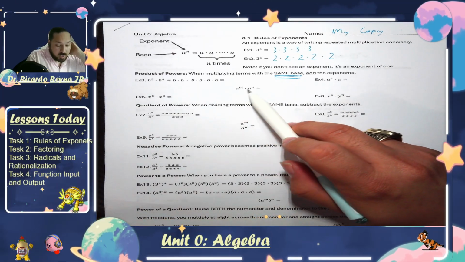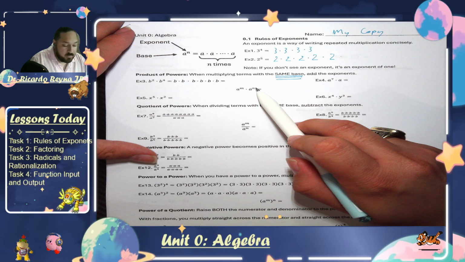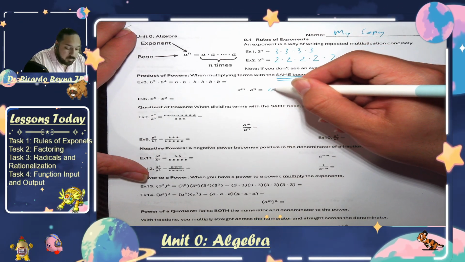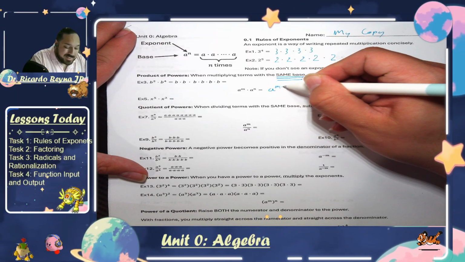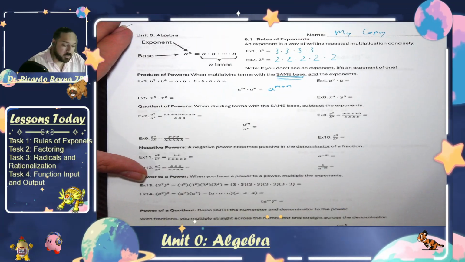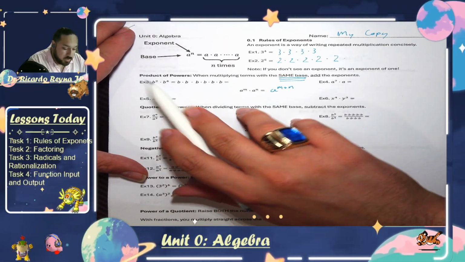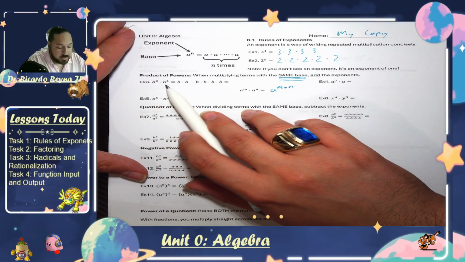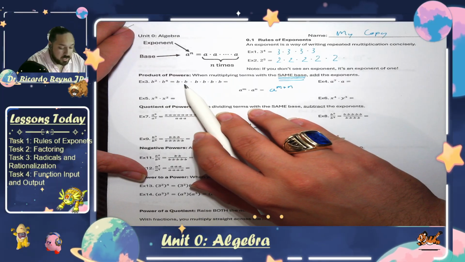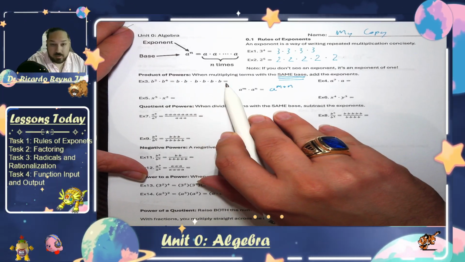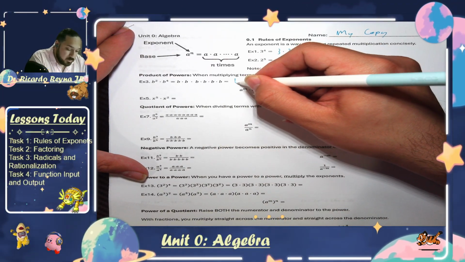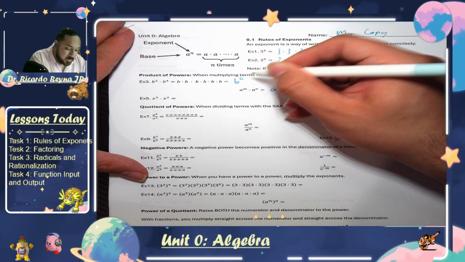So a to the power of m times a to the power of n. That means that as we write them out, we should have m plus n a's that we are multiplying. In this example 3, we're doing b squared times b to the fourth. This is equal to 2 sets of b's and then 4 sets of b's. Altogether, how many b's do we have? 6. So b to the power of 6.